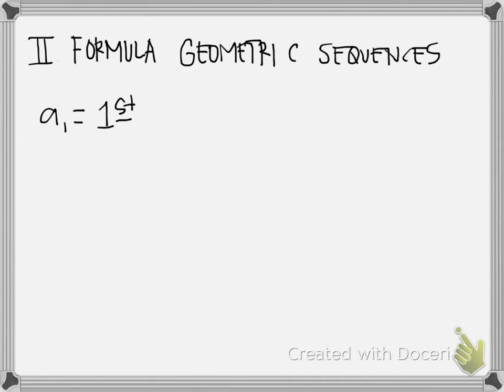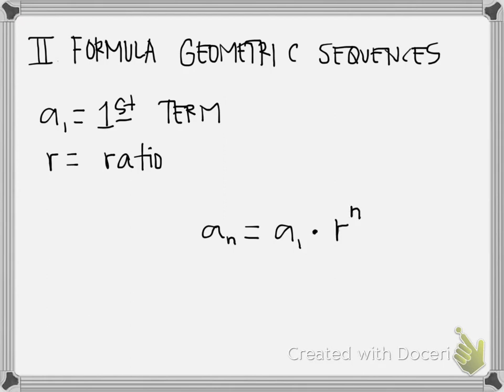So our A1 is the first term, and R is equal to the ratio. To find the nth term, you will say A1, your first term, times R raised to the n minus 1 power. Whatever term you're trying to find, that's what n is.